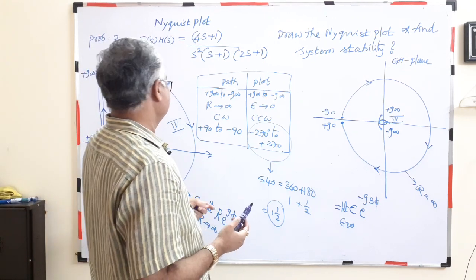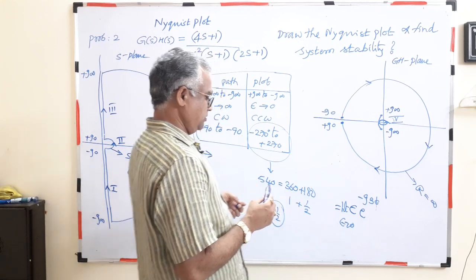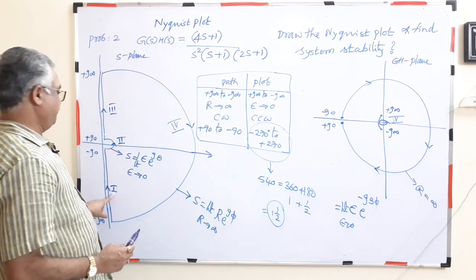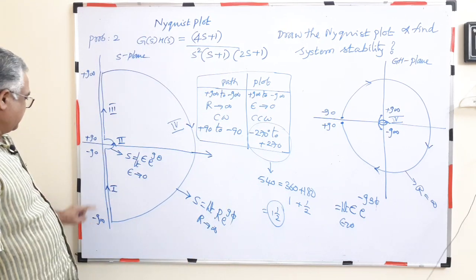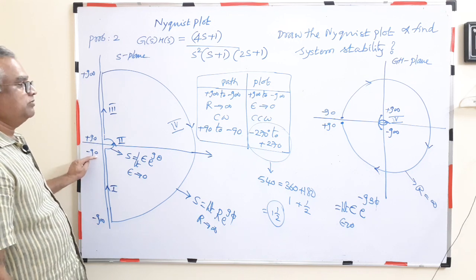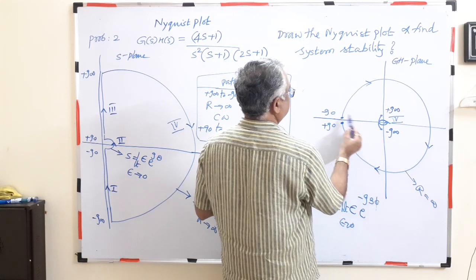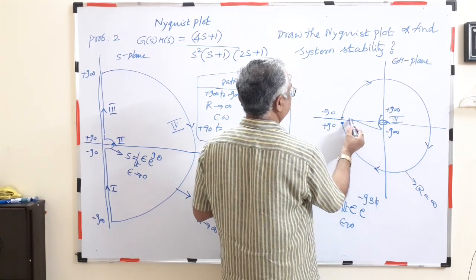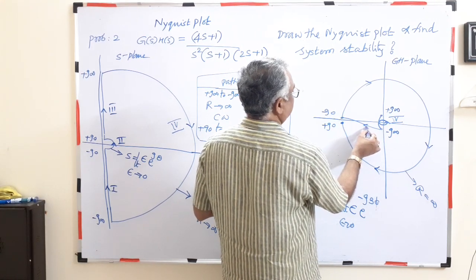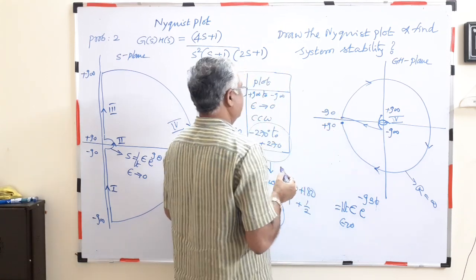Okay, so the fourth section is done. What is remaining? First is the connection between minus j infinite to minus j0. There must be a connection here.